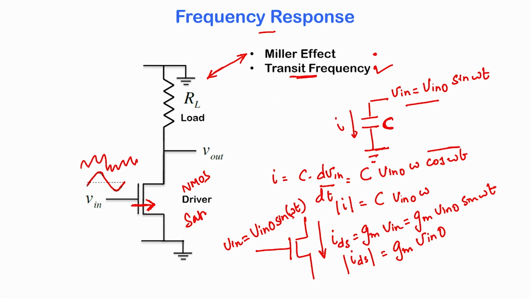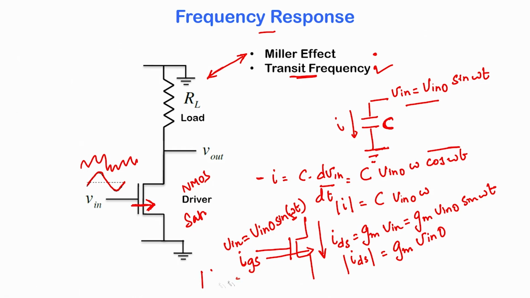Now, because this frequency is considerably high, we also need to take into account the gate current. So, let us call that IGS. Okay. So, what is the gate current? If I have to use the data we used here, the magnitude of the gate current IGS is going to be C, which is the capacitance of the MOSFET.